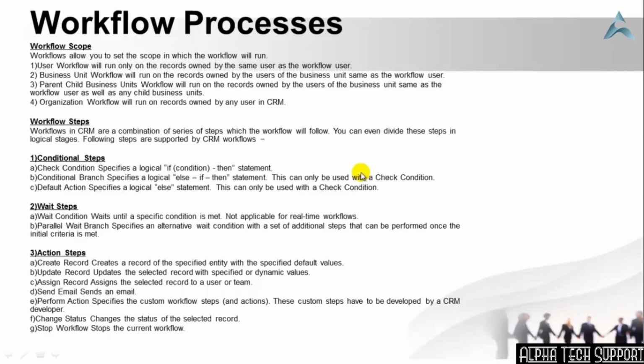Under your CRM Dynamics, you will find processes under the settings. Whenever you go to your Microsoft Dynamics CRM settings, you will find an option called processes, which will be used to create workflow processes.